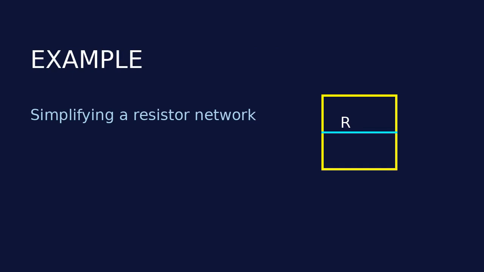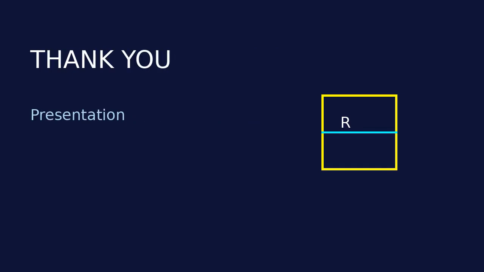You can also use mesh or nodal analysis. Third, calculate RTH by turning off all independent sources: voltage sources become short circuits and current sources become open circuits. Then measure the equivalent resistance looking at terminals A and B.